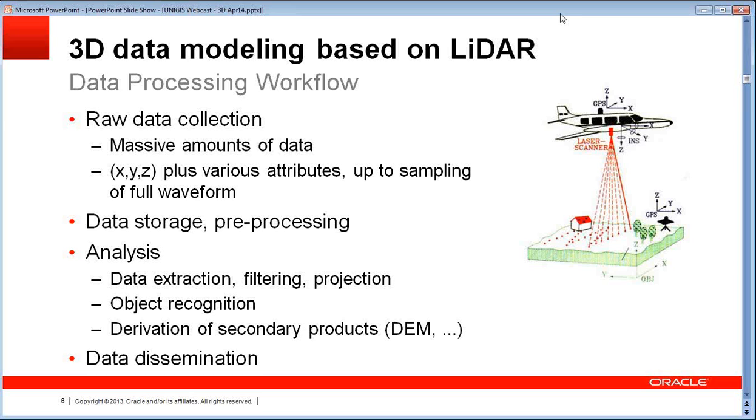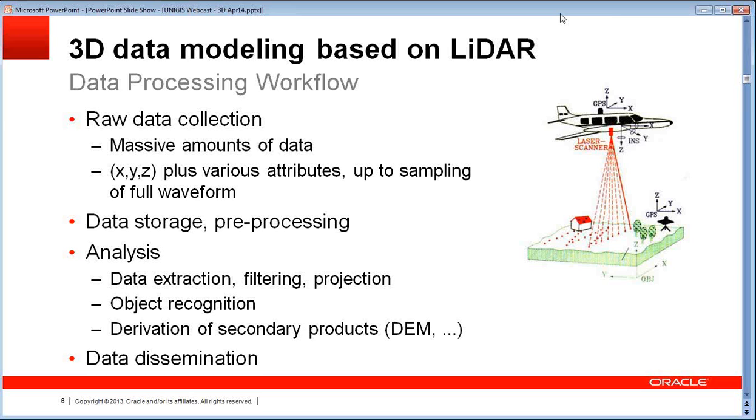You can do that through airborne laser scanning, through mobile laser scanning, or also fixed static laser scanning. And with every point you get a couple of additional pieces of information depending on the sensor, which can range from color to intensity to more sophisticated, like multiple returns and so on.